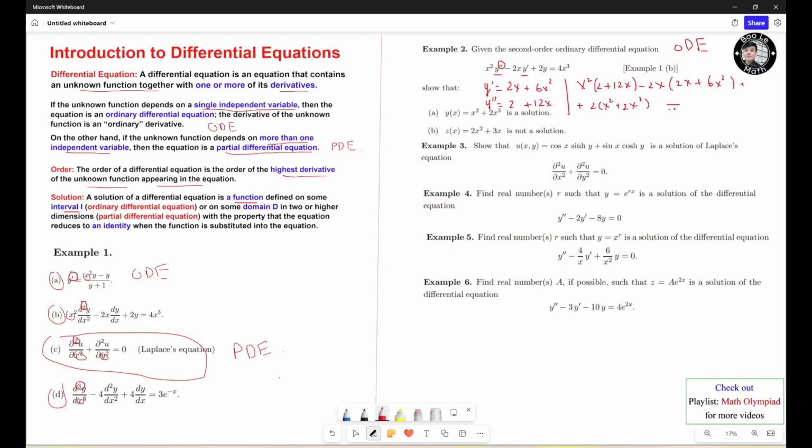Now we need to check to see if it's equal to 4s cubed. If it's equal, then this is a solution. If it's not equal, this is not a solution.